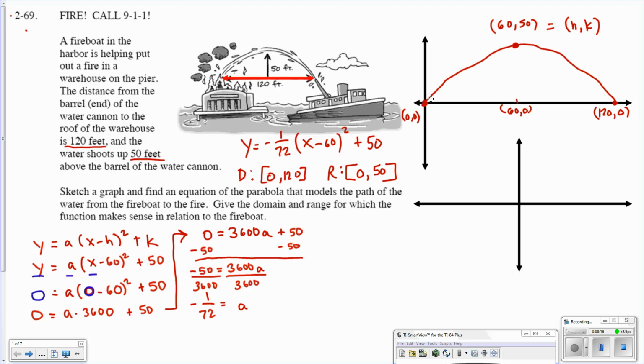Just so you know, if you didn't start at 0, you could still have solved this another way. I want to kind of draw this out real quick. Let's say here that you put in over here that your parabola was going to start at negative 60, 0.